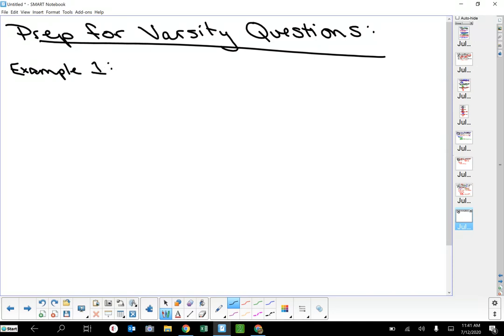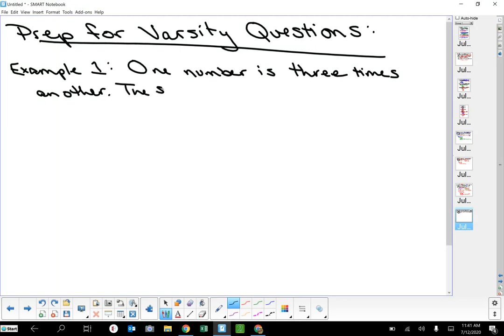It says one number is 3 times another. Period. The sum of their reciprocals is 8/3.